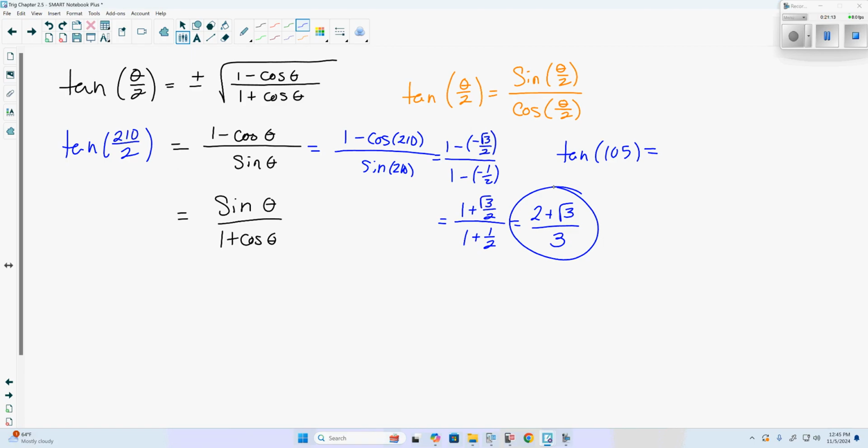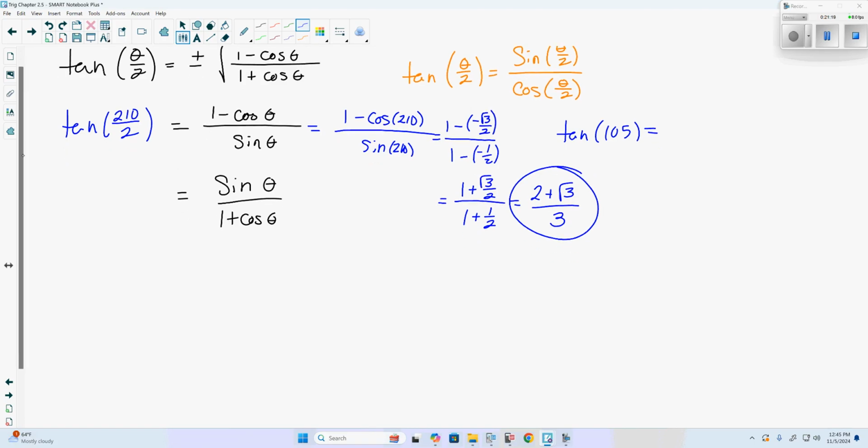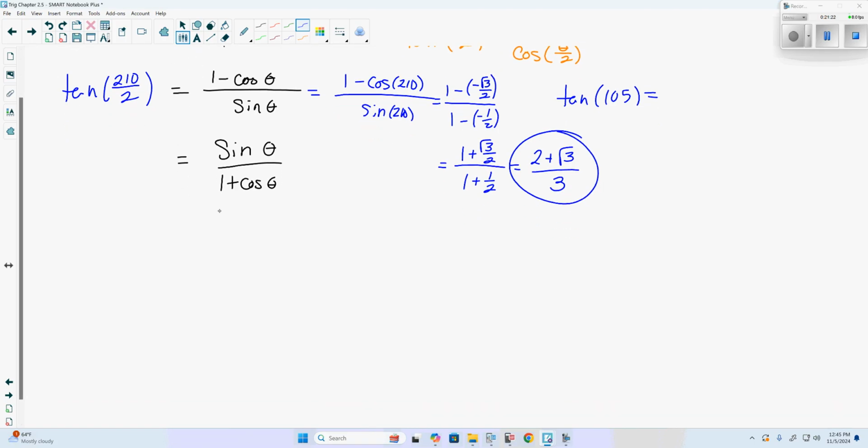And that's all we'd have to do for that there. We would get the exact same value for the other one here. All right, guys, questions on this here?